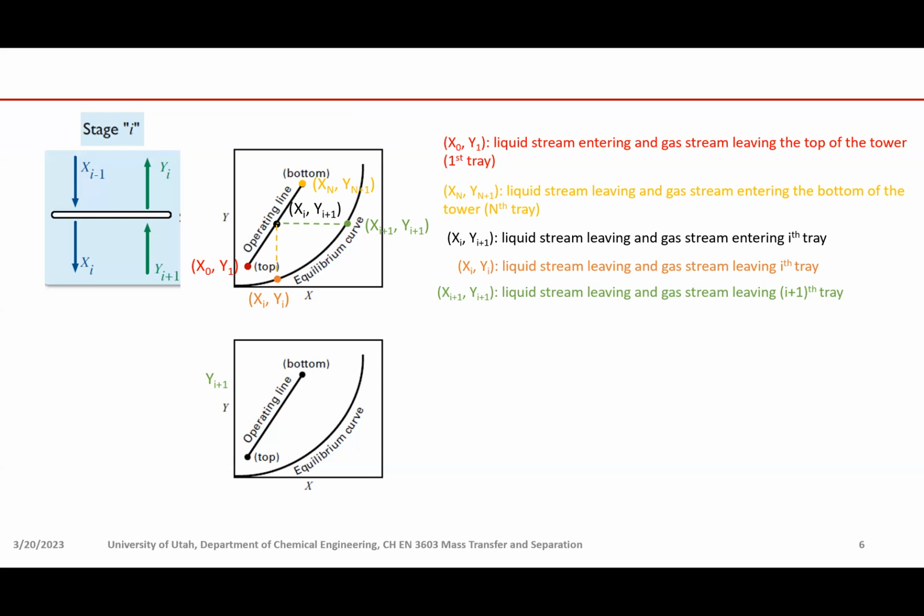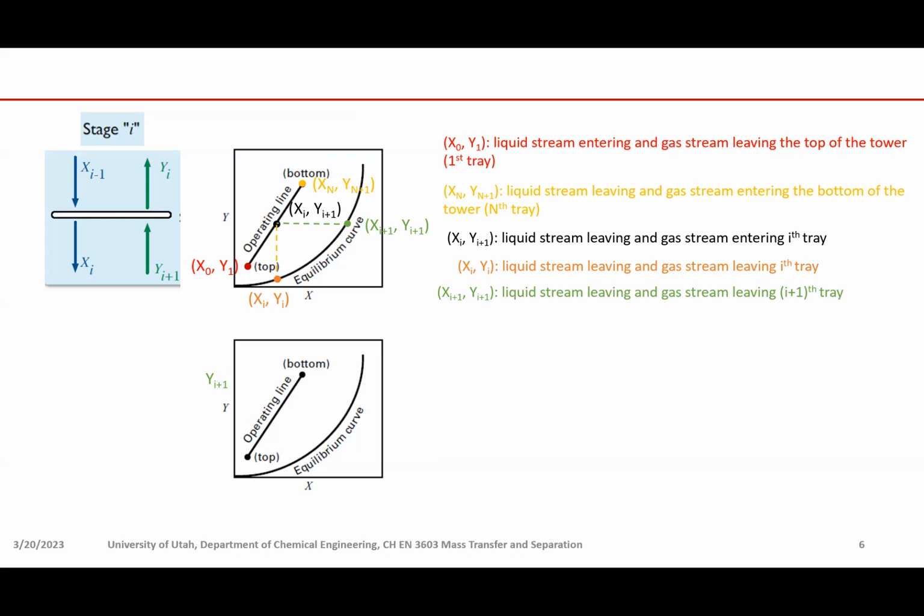So let's just look at one example, right? Let's say for this stage i, we know the composition of the entering gas phase, right? That's one, yi plus 1. How do we find the other three? First of all, we know these two compositions are constrained by the operating line, right?